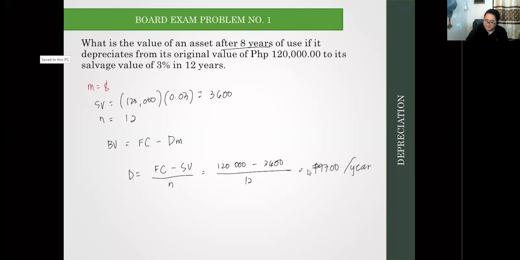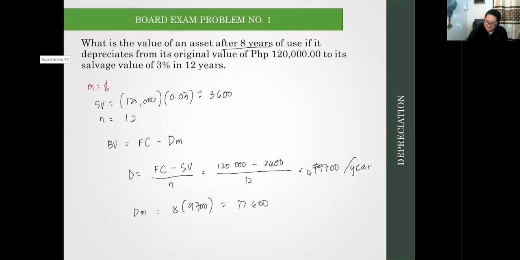Okay? So, to find the depreciation after 8 years, DM, the depreciation after 8 years, is 8 times 9,700. That will be 77,600.